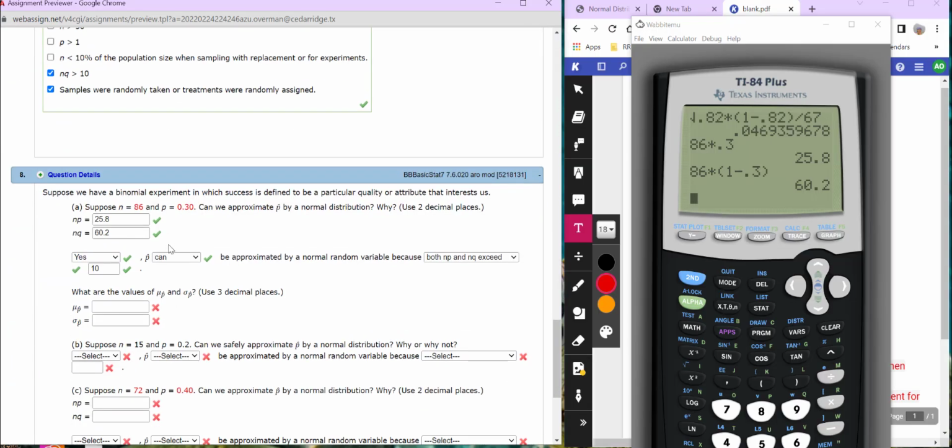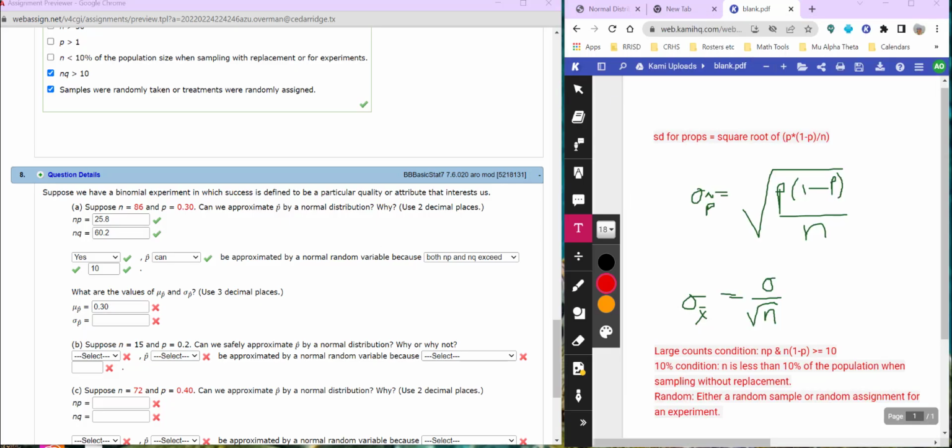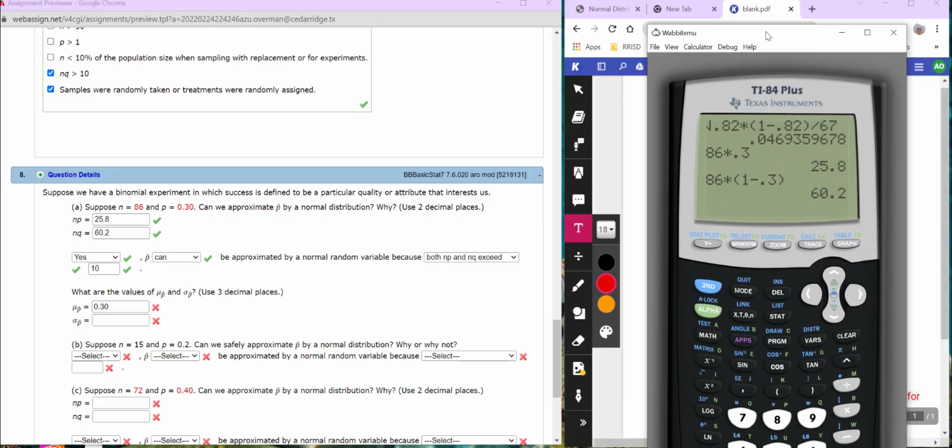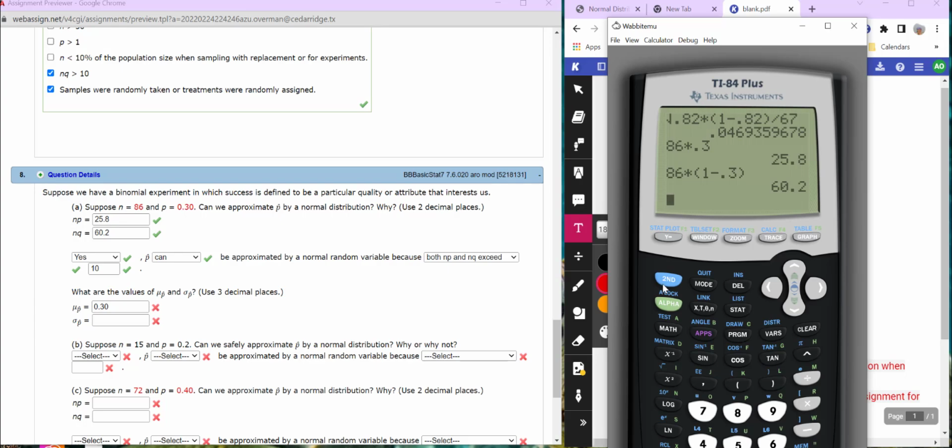In the old days, we used 5 in this class, but everybody else uses 10, so I don't know why they do that. So what is the mean for p hat? Well, it's always just the proportion, 0.30, so that's a super easy one. And what is the standard deviation? I'm going to have to use that formula again, so be prepared to keep typing that one into the calculator.